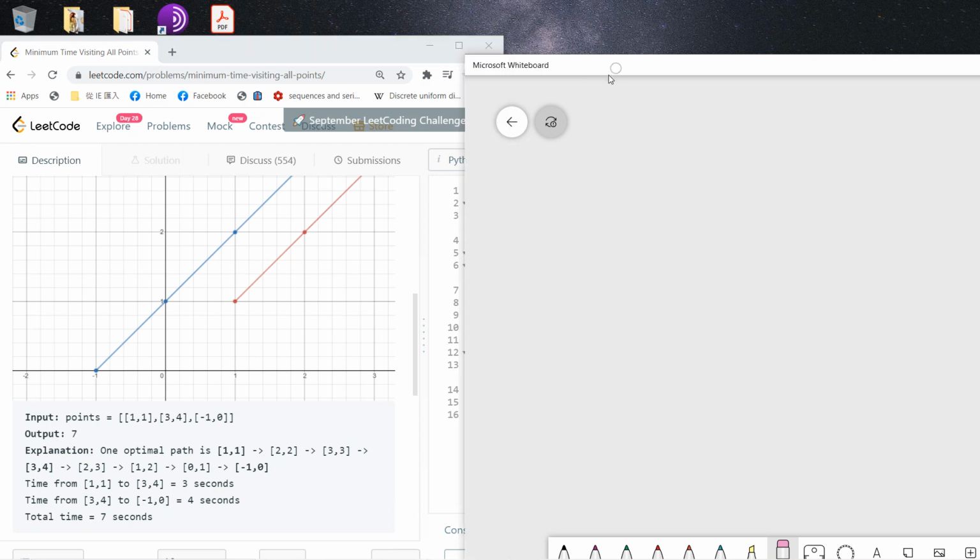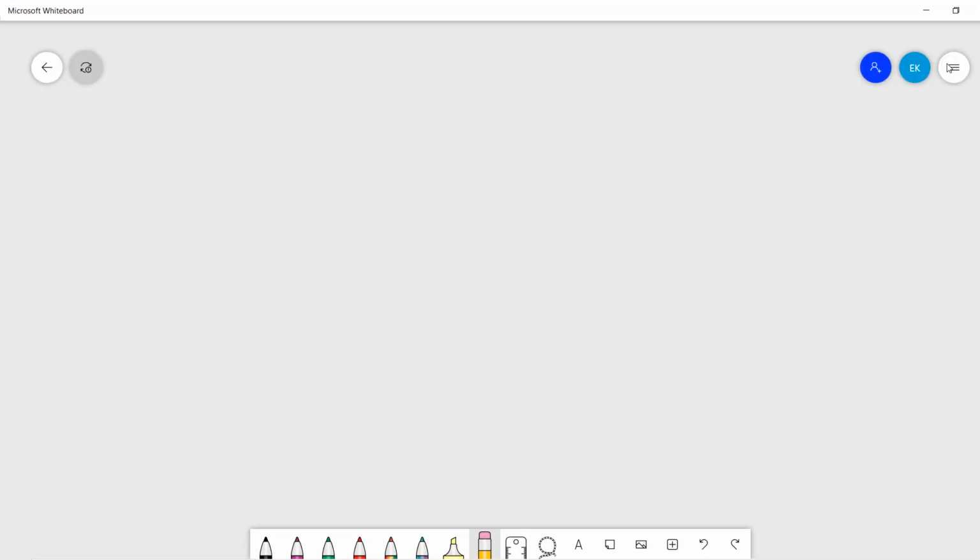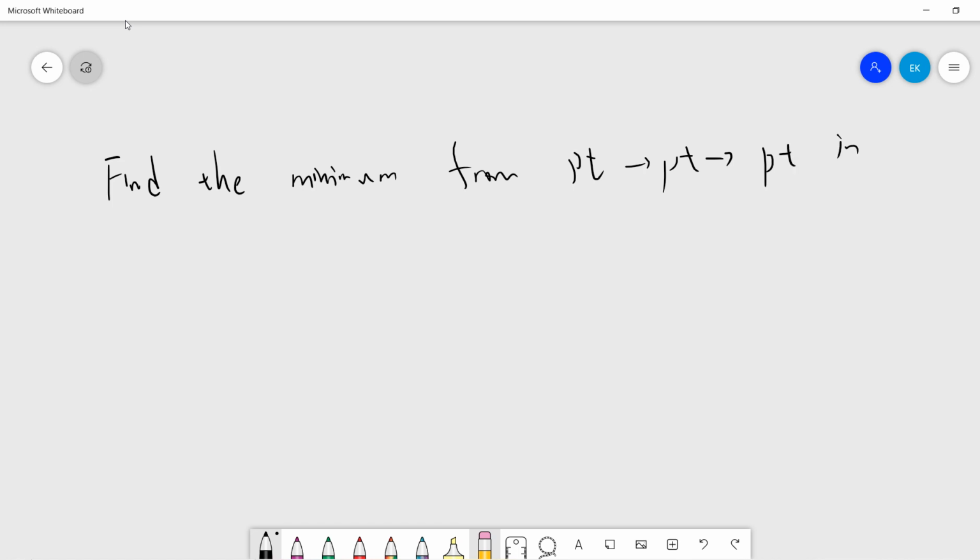The key point is that we want to find the minimum time from point to point in an array, and the order must be fixed.